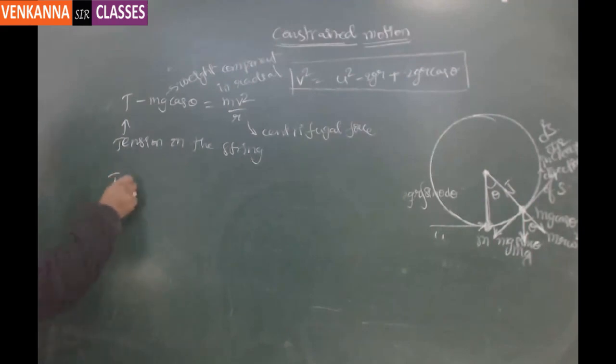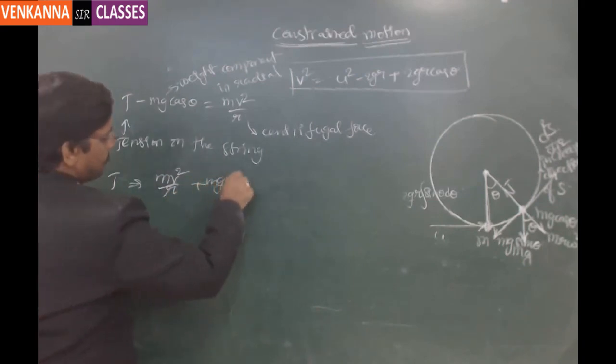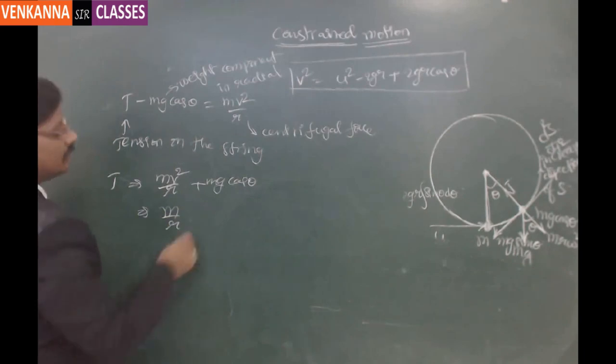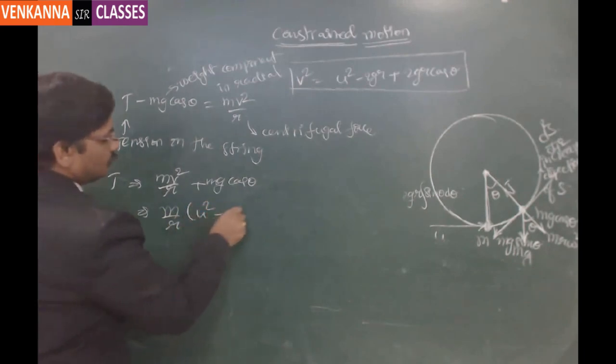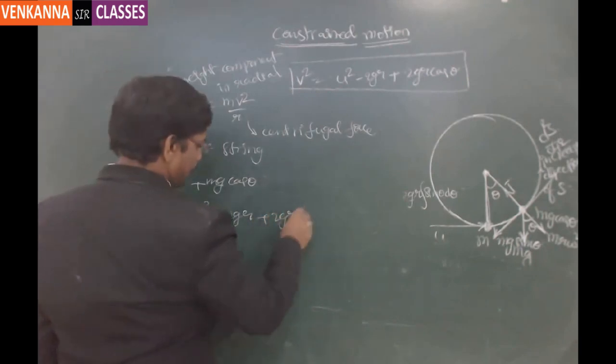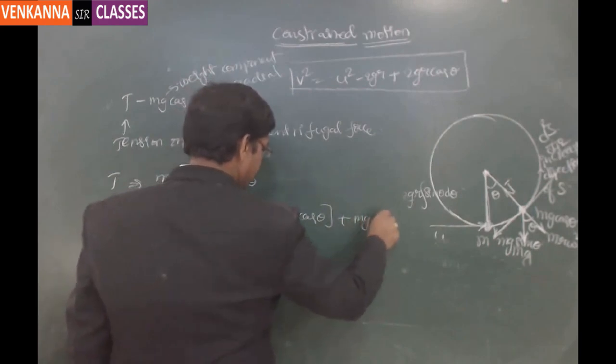Now from this, T is equal to mv square by r plus mg cos theta. And the v square value we have already calculated. So that is m by r into (u square minus 2gr plus 2gr cos theta) plus mg cos theta.